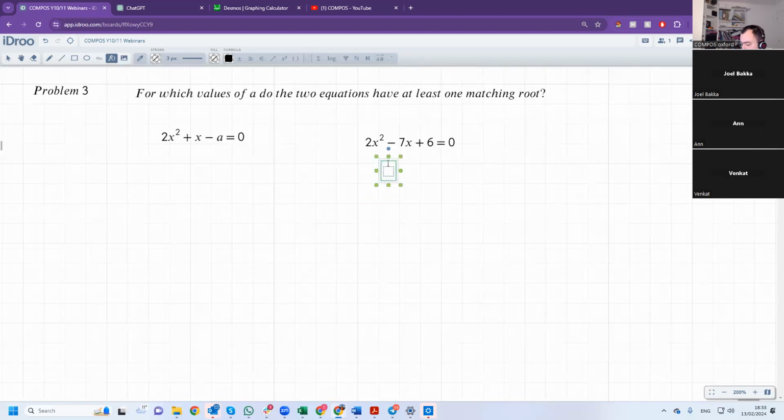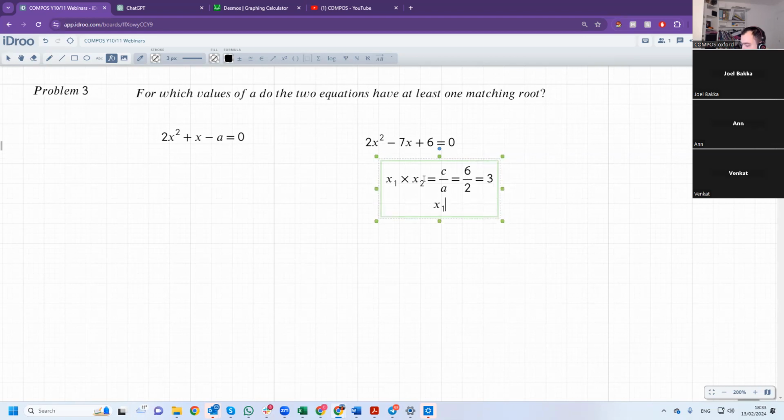So for this equation, I'll use Vieta's formula. x1 times x2 is equal to c over a, which is 6 over 2, which is 3.